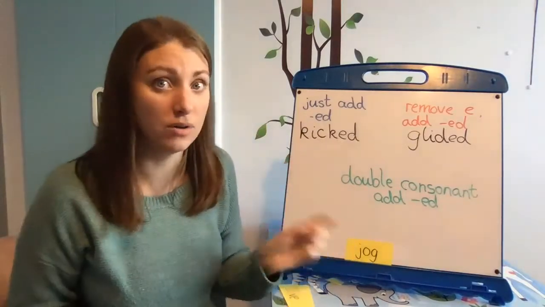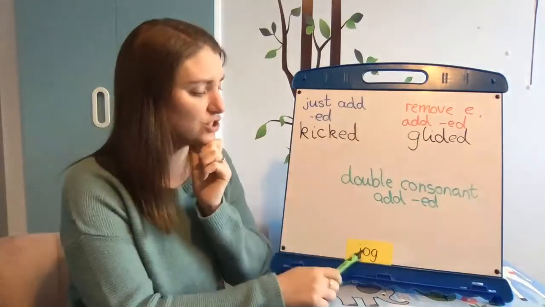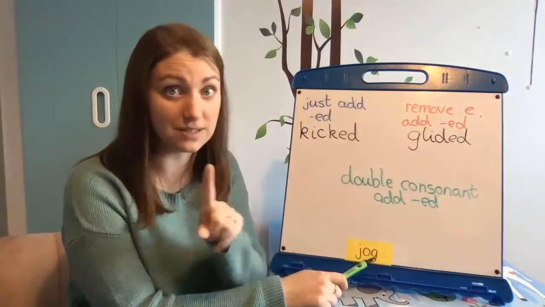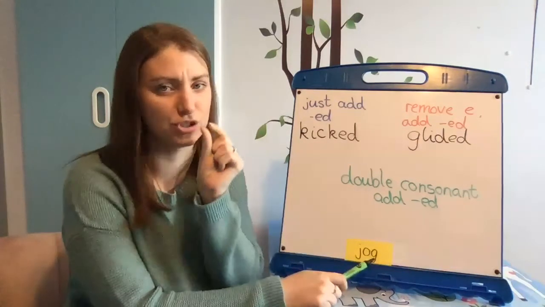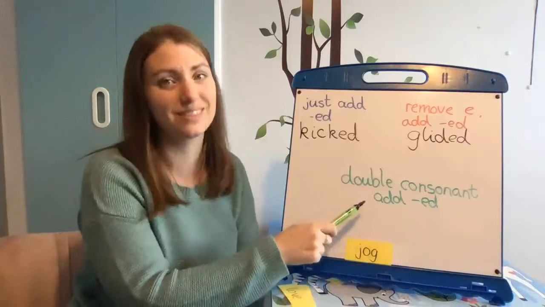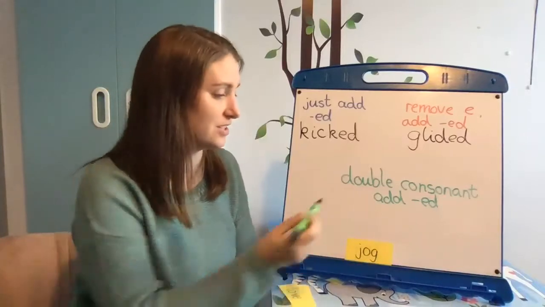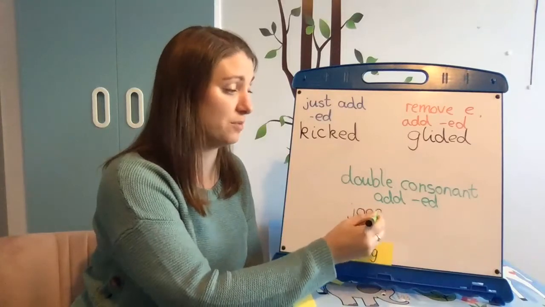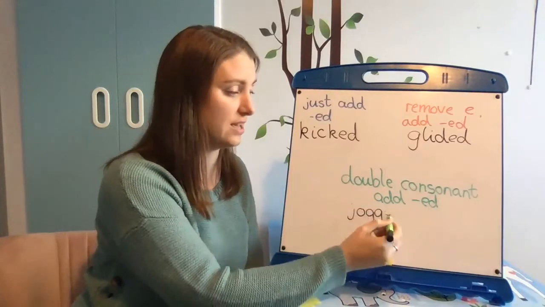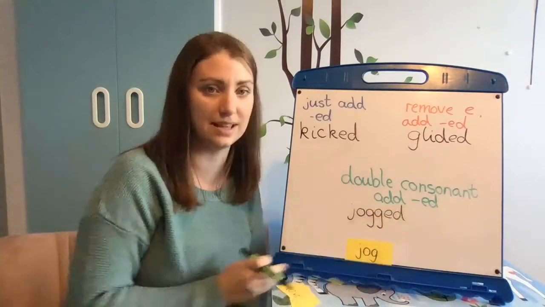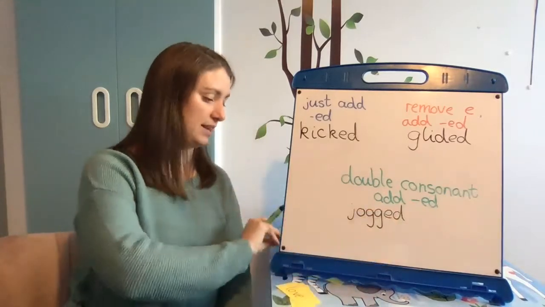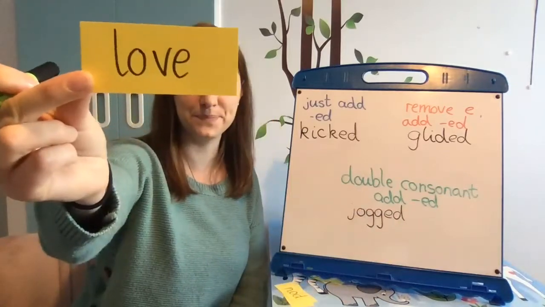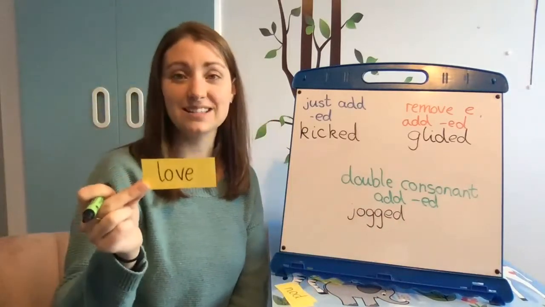But O is short. So that's short. And there's only one consonant. So because there's only one consonant after a short vowel sound, that means I need to double the consonant. So we're going to have j, og, double that consonant, which is a G, and add ED. Jogged. Lovely. Okay, let's try this word, shall we? What does it say? It says love.